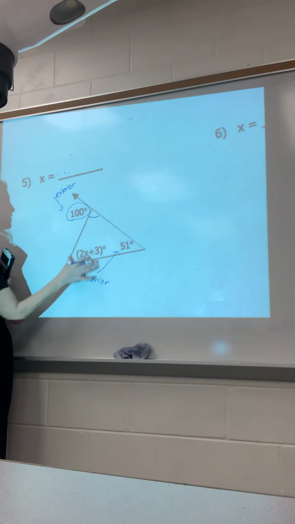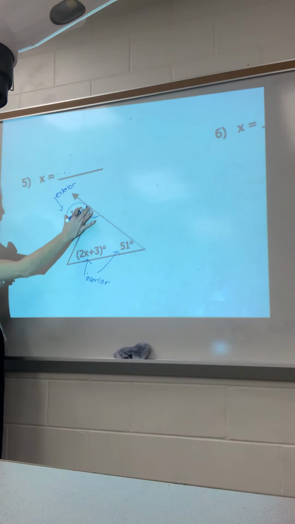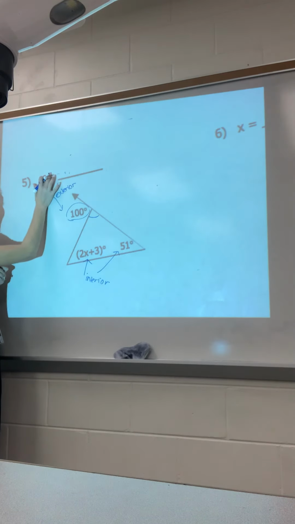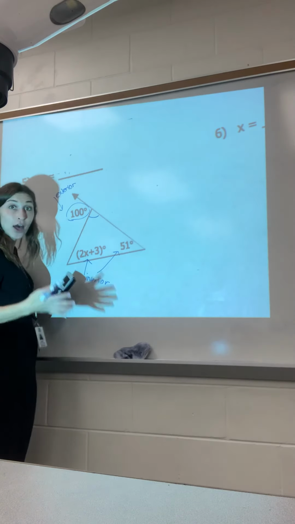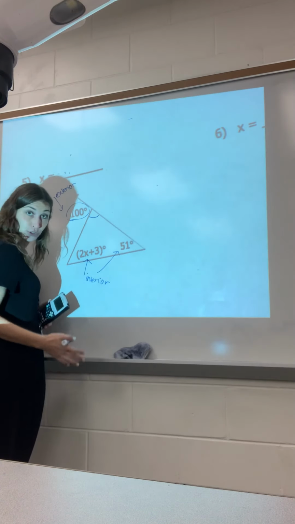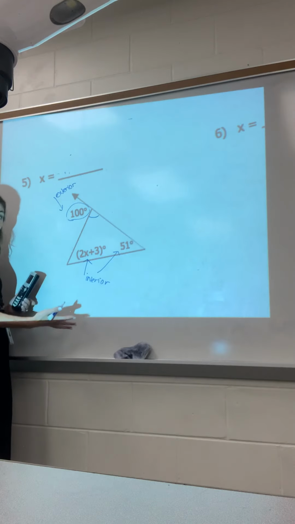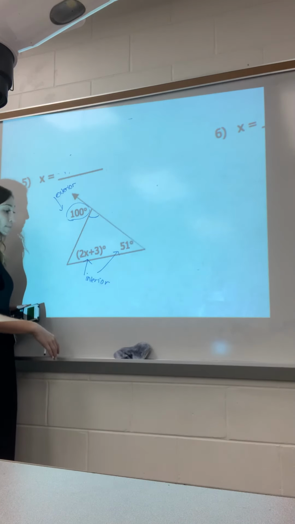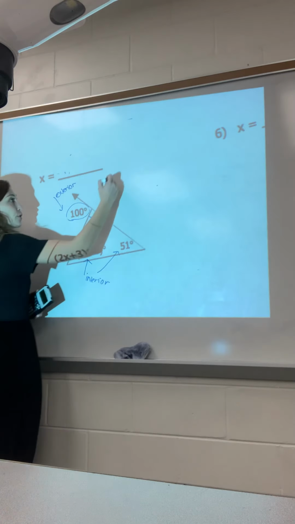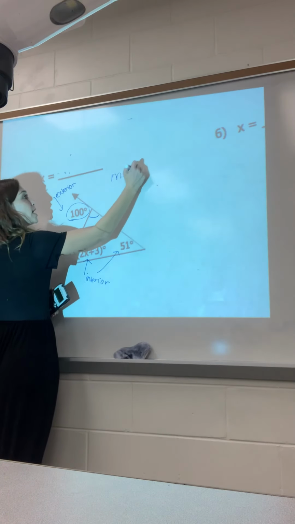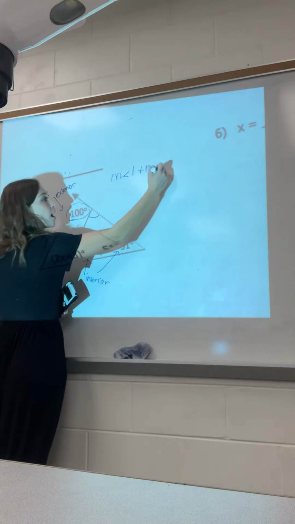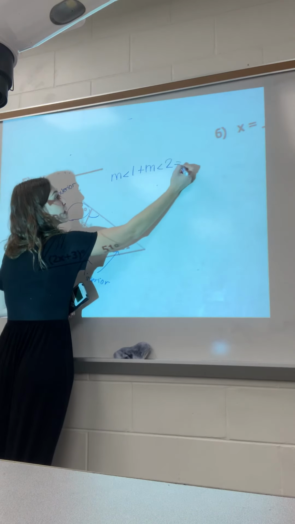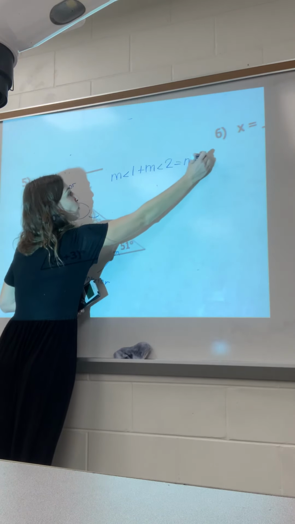Now in this question, they are giving me the exterior angle and they're asking, what is x? Well, how do we solve for this? What we're going to do to solve x is we are going to set up the exterior angle theorem. That being said, we're going to do the measure of angle 1 plus the measure of angle 2 gives me the measure of angle 4.